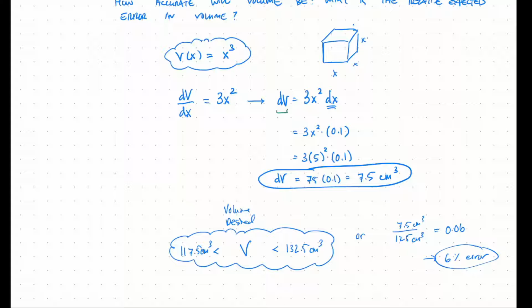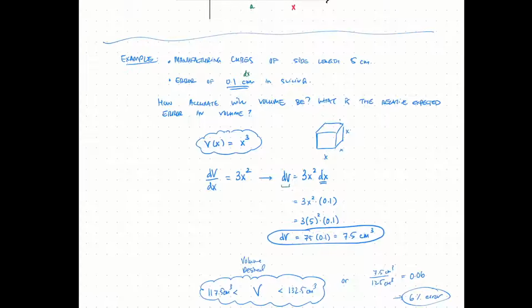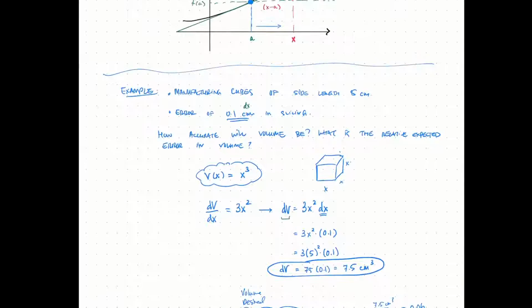So depending on the context and the question, these are different ways to talk about the error. You can talk about the flat rate between the two, or you can talk about percentage, because sometimes the absolute error doesn't really paint a picture as much as a percentage might, and vice versa. Sometimes a percentage isn't appropriate, and you really want to be talking about absolute value, dollars, centimeters, whatever it might be. So this is the main application of differentials that I'd want us to see.